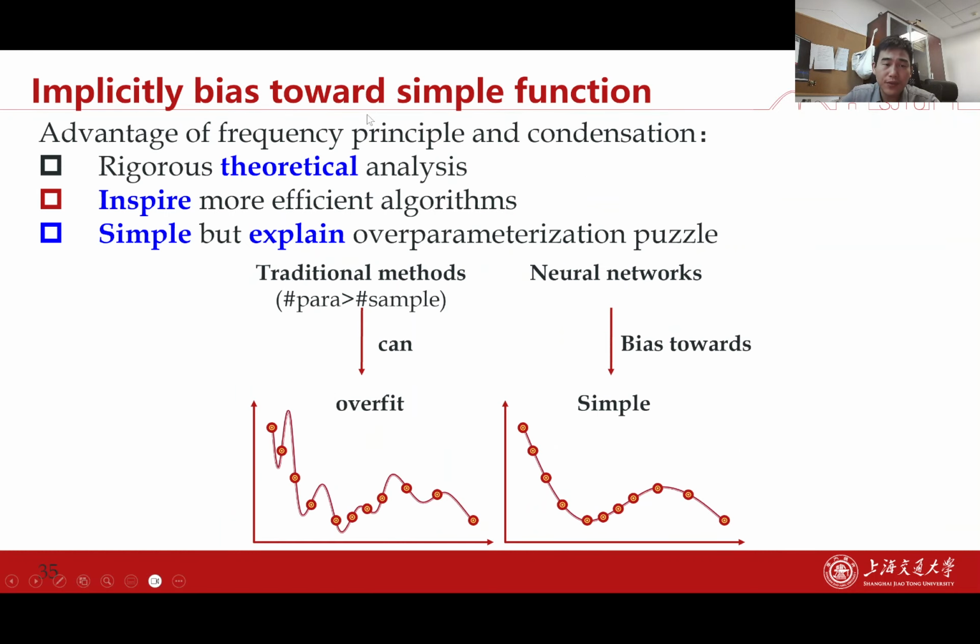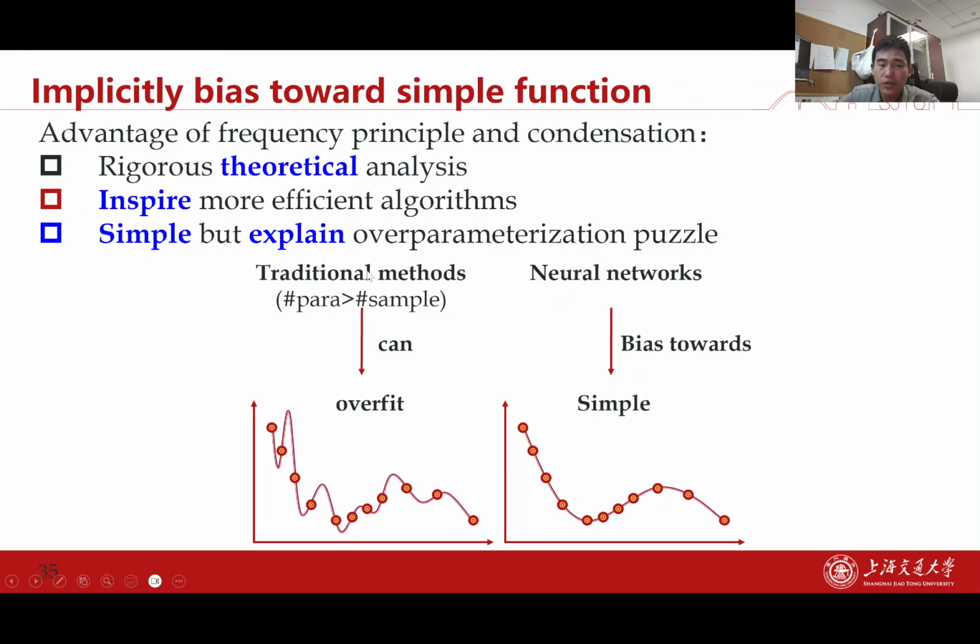So these two phenomena are very simple, but they have a lot of advantages. For example, we can have rigorous theoretical analysis. They can inspire more efficient algorithms. They're simple, but they can help us explain the over-parameterization puzzle.